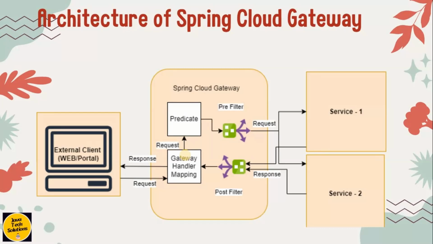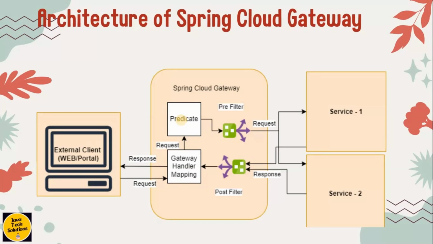A few important ones are the route, which has an ID, a destination URL, and also some predicates. These are the important things.